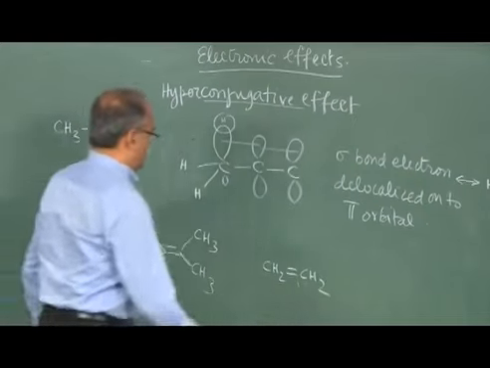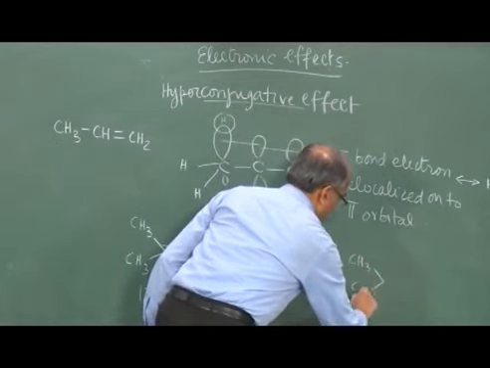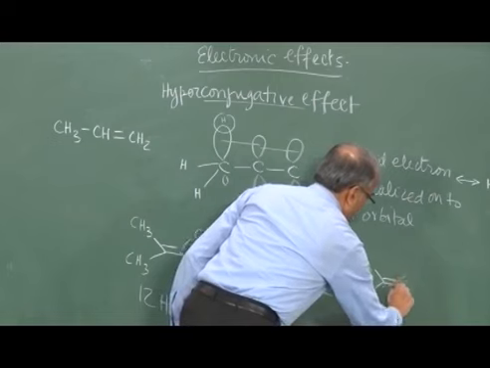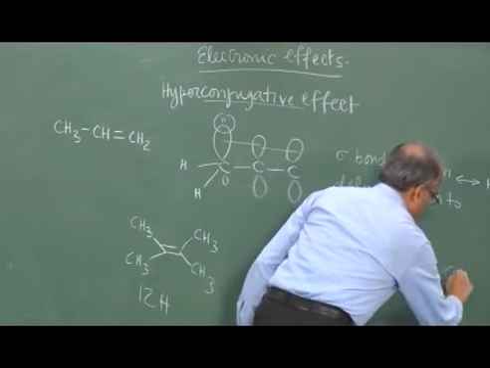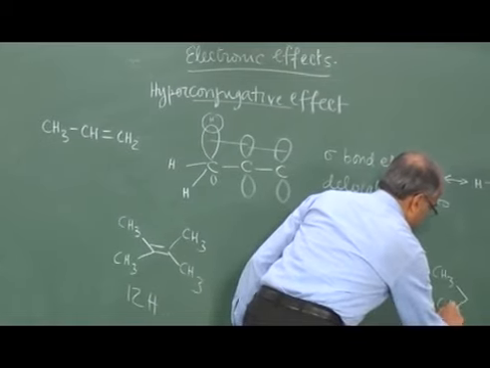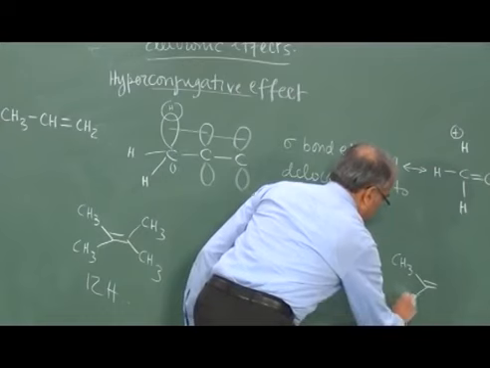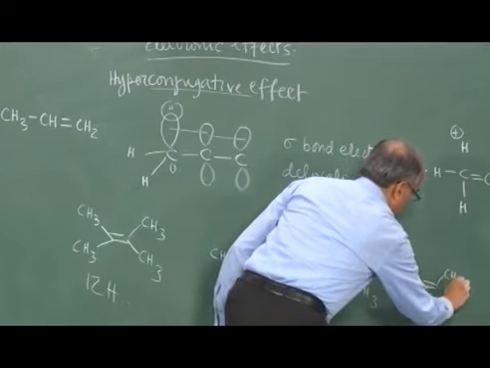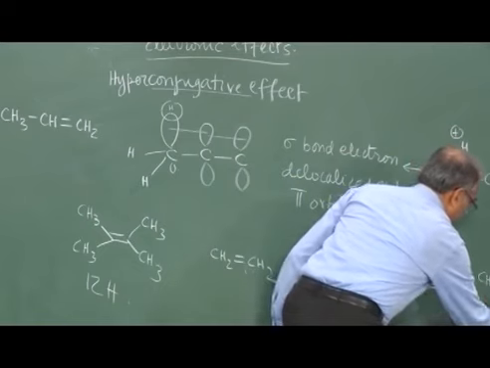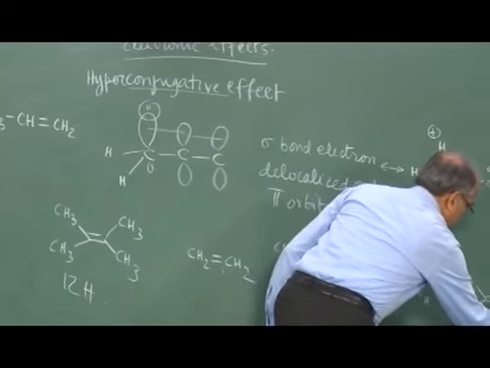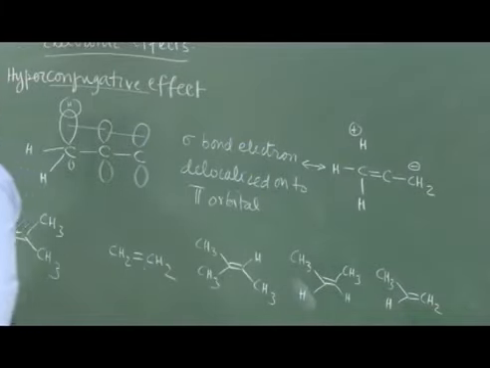So, as you go from the tetra substituted to tri substituted to di substituted to mono substituted alkenes, the thermodynamic stability goes down in the series.